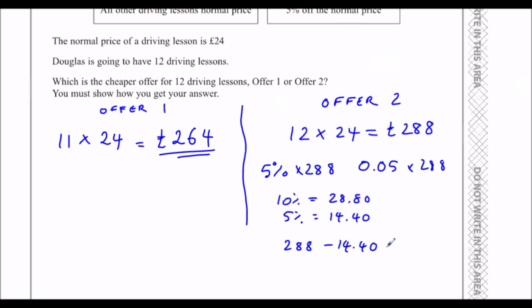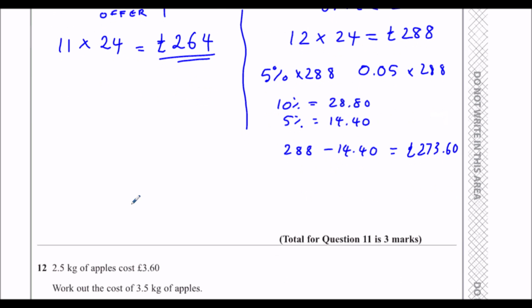So in the calculator we get £273.60. So which is cheaper? Offer 1. So offer 1 is cheaper.